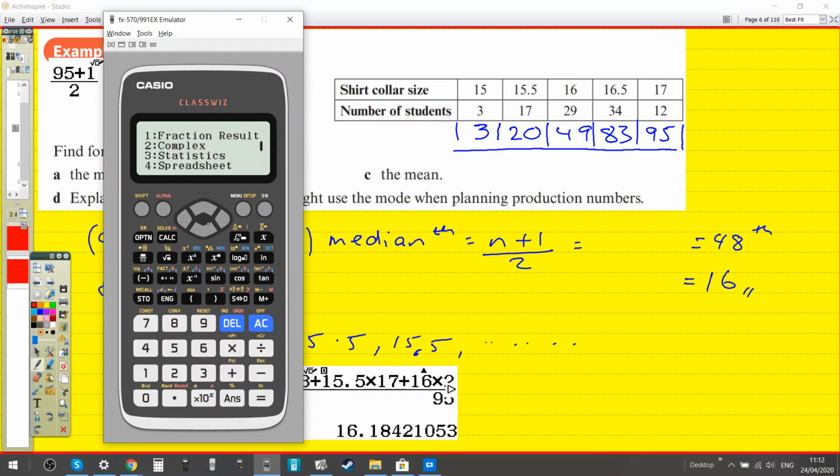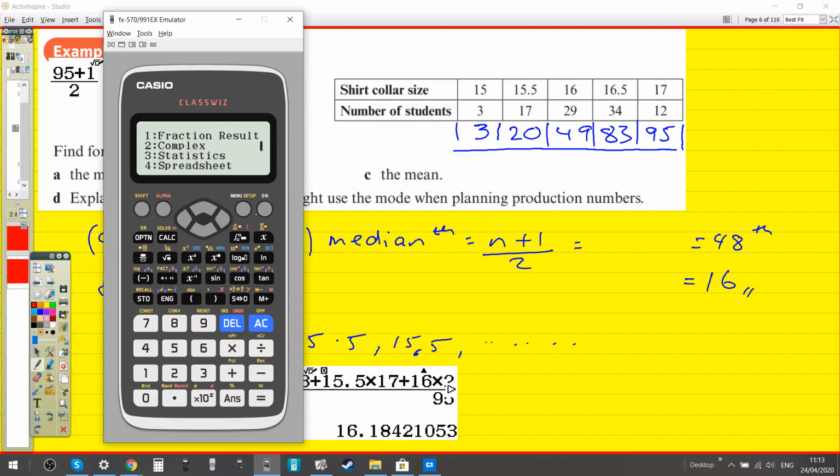Maybe it's down and then 3 for statistics. So shift menu for setup. Press down, and it is number 3 for statistics. I didn't see setup.